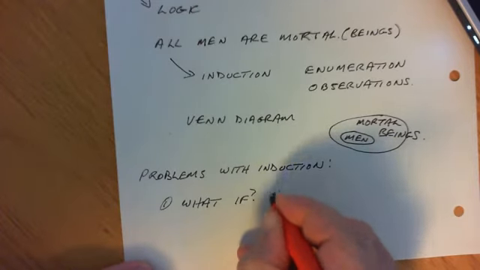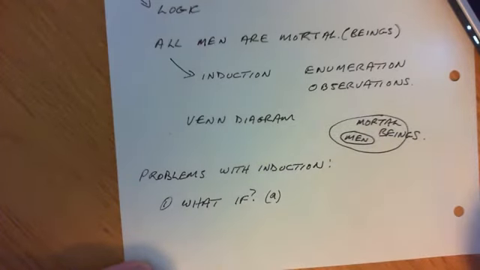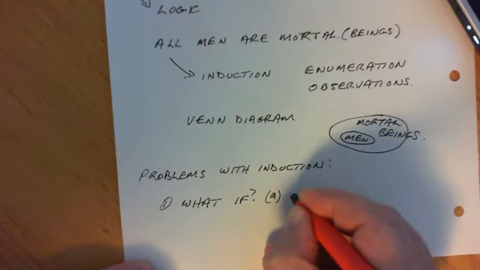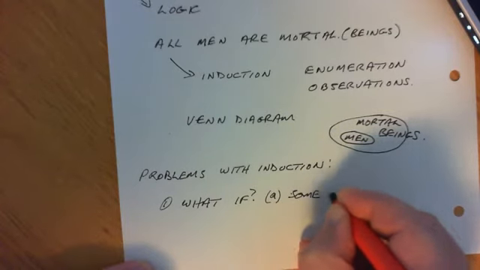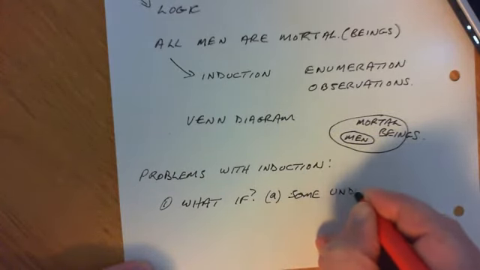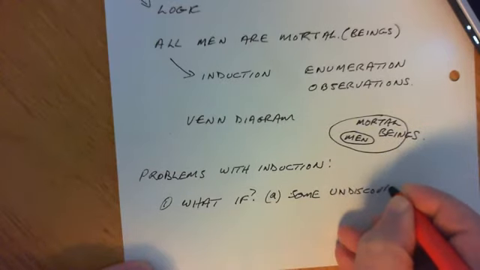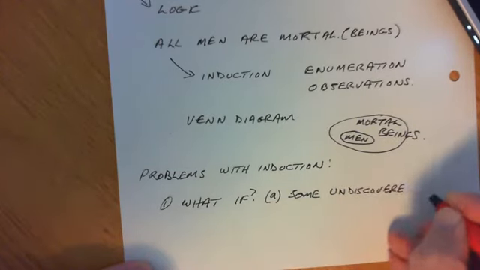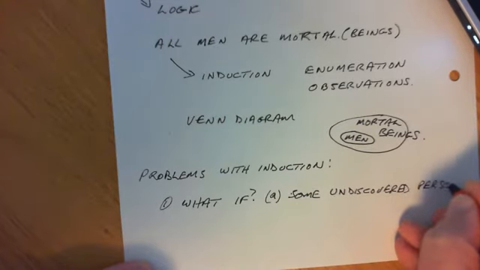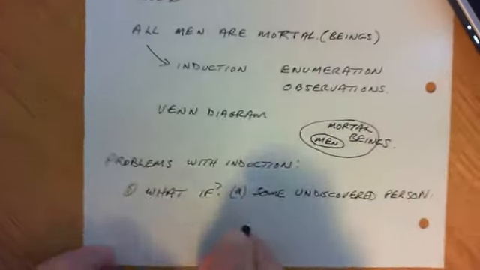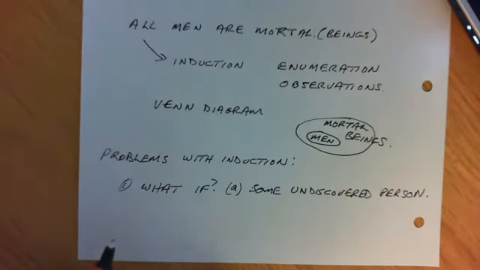What if could be, for example, what if we say we found some undiscovered person. Now, this undiscovered person has been around for the last 10,000 years. That would be a problem.